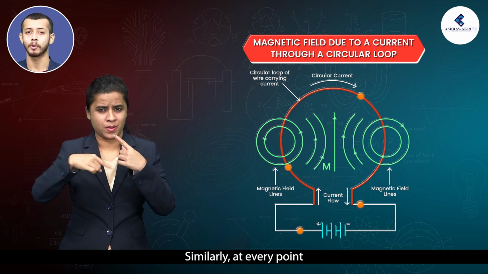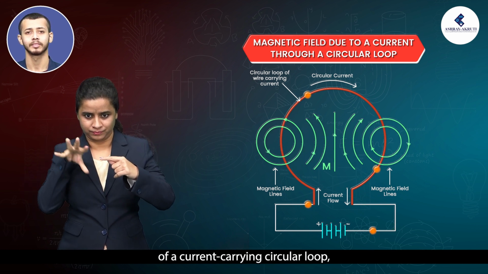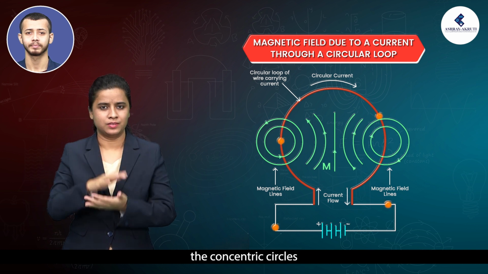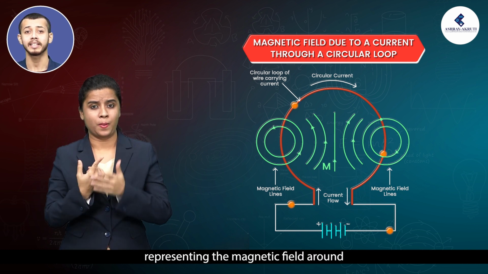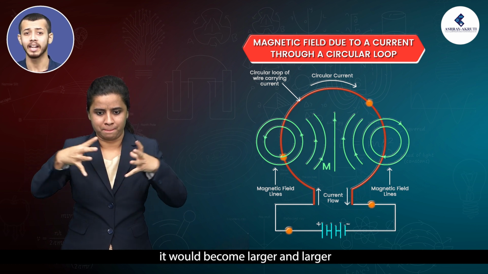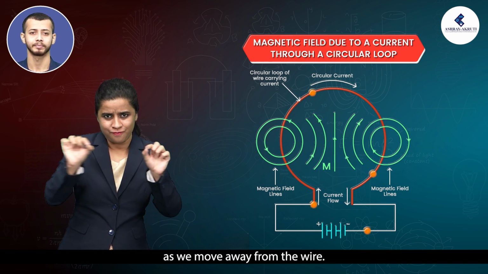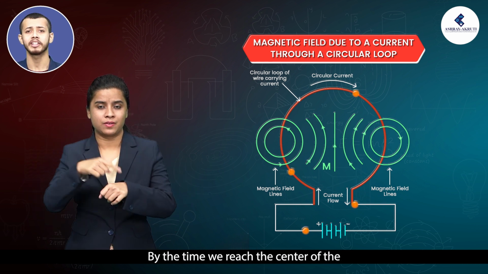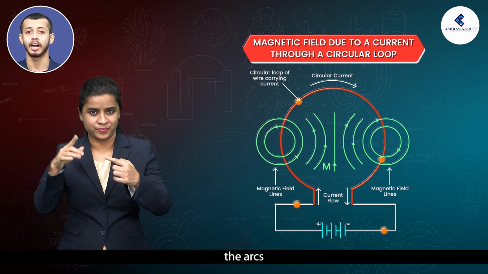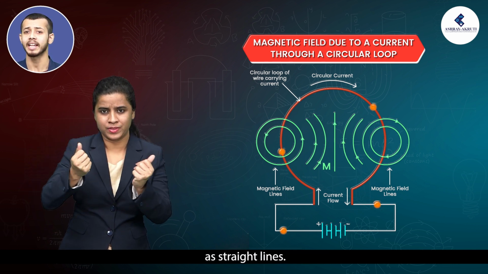Similarly, at every point of a current carrying circular loop, the concentric circles representing the magnetic field around it would become larger and larger as we move away from the wire. By the time we reach the center of the circular loop, the arcs of these big circles would appear as straight lines.